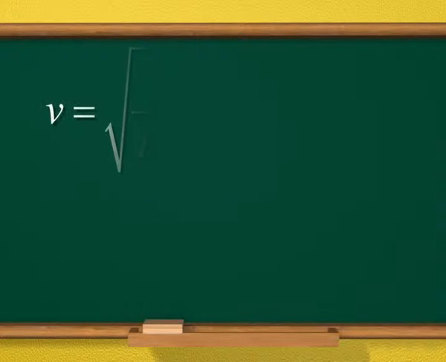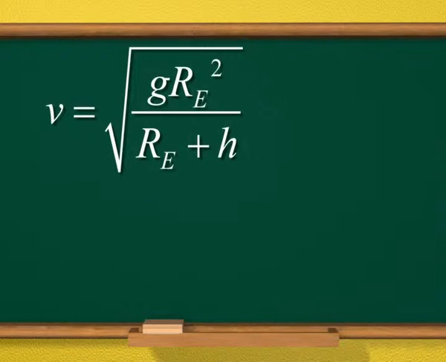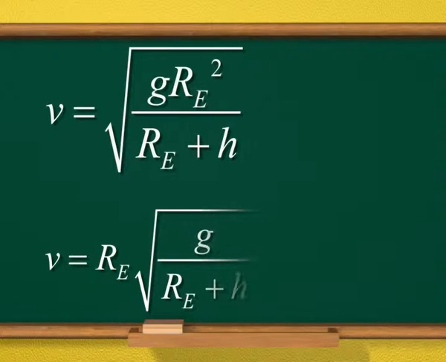On substituting the values of G into Me, the expression for orbital velocity becomes v equal to square root of small g into Re square upon Re plus h, or v equal to Re into square root of small g upon Re plus h.